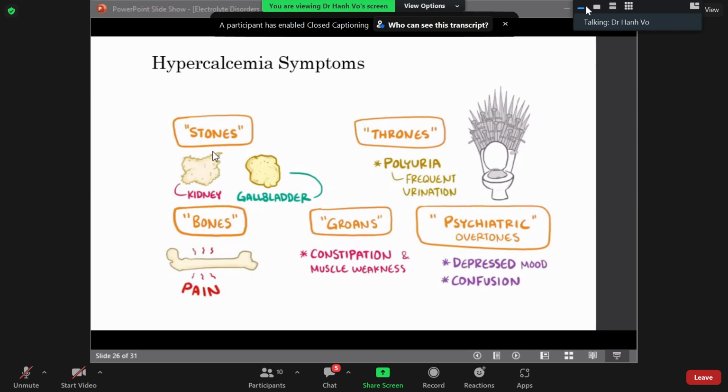The patient can have renal stones, the skeleton may have bone pain, and abdominal groans: nausea, vomiting, abdominal pain, or even pancreatitis. The thrones: the patient may have polyuria, polydipsia, dehydration, constipation, and psychiatric overtones like lethargy, altered mental status, and coma.